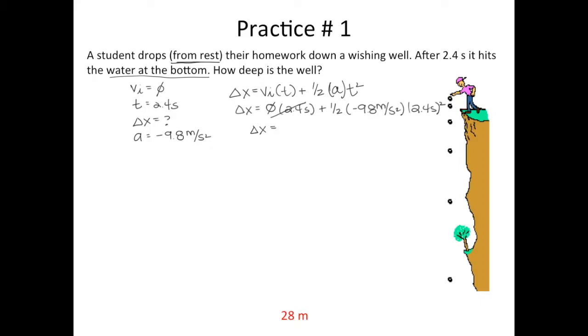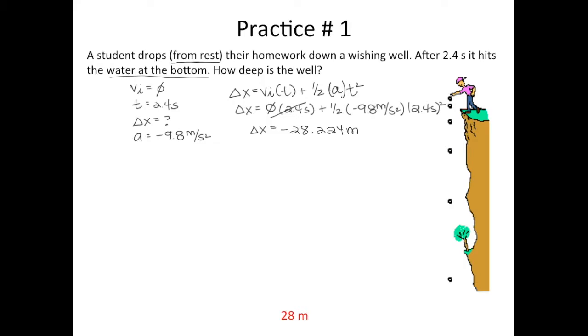So delta x equals, if we put 1/2 times 9.8 times 2.4 squared in our calculator, we get negative 28.224 meters.